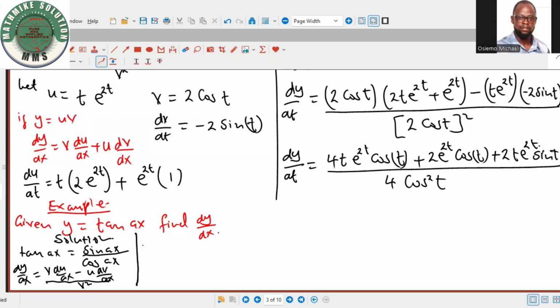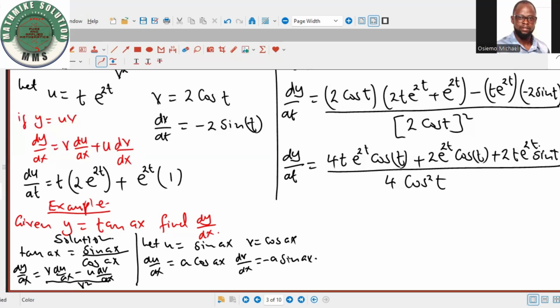So therefore, let our u be equal to sine ax and our v be equal to cos ax. So meaning that du/dx will be equal to a cos ax, and our dv/dx will be equal to negative a sine ax.